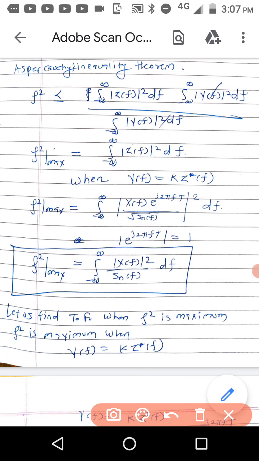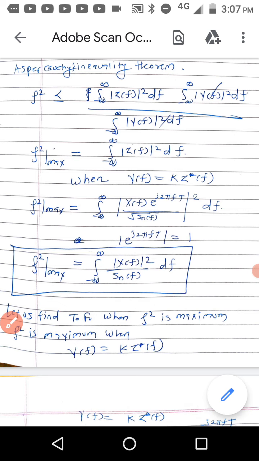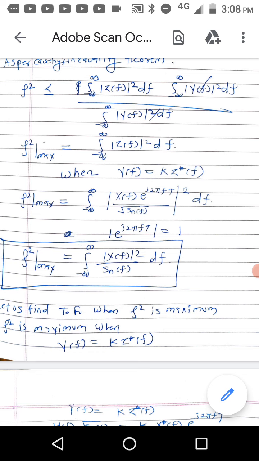So ρ square max is equal to mod X(f) square divided by S_n(f). Now this is the signal to noise ratio, which we got as mod X(f) square, that is the Fourier transform of x1(t) minus x2(t), squared, divided by the PSD of input noise. So don't get confused with this X(f).